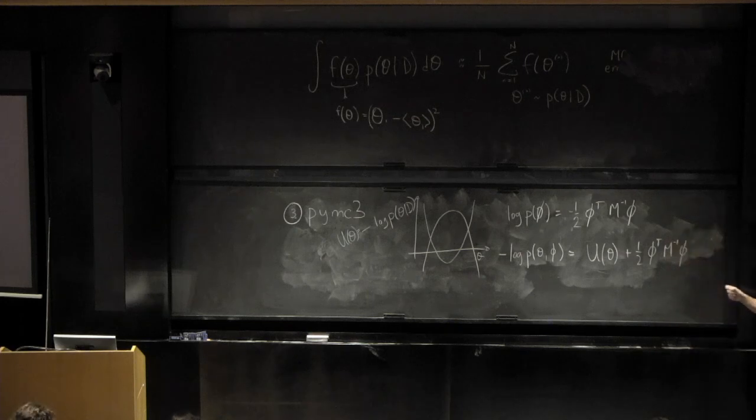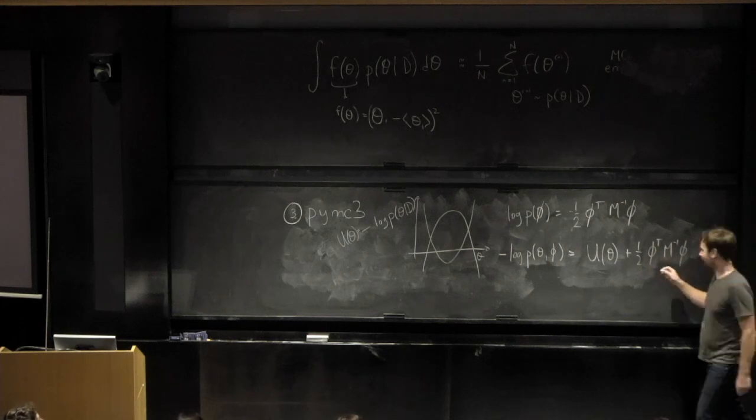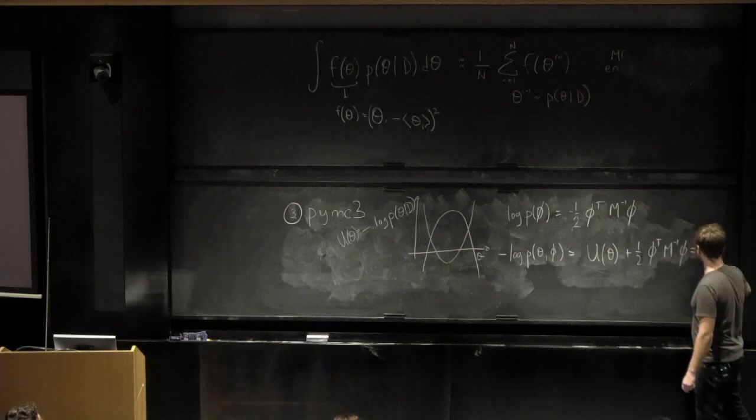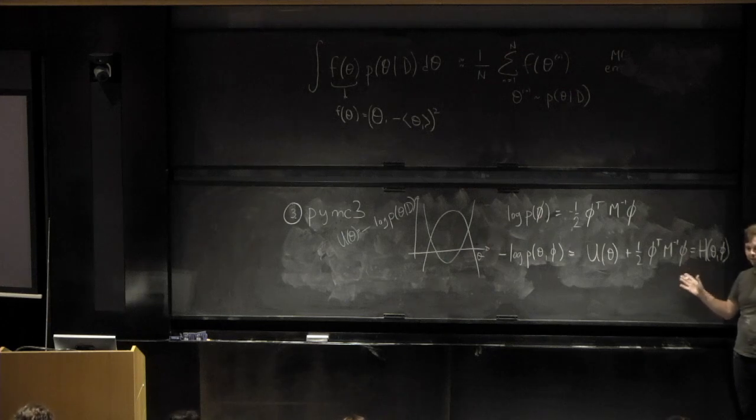If you look at this, if that's a potential energy, what's this? This is a kinetic energy. And now we have a Hamiltonian. This is the Hamiltonian of phi and theta. And it looks like we haven't done much except make our job a lot harder, because remember I said all these methods scale poorly with the number of parameters, and now I've doubled that, so that's bad news, right? But no, it's not.